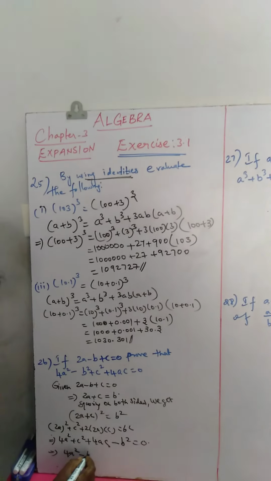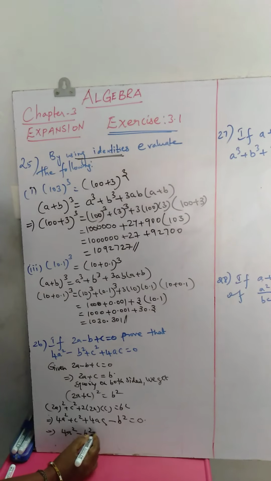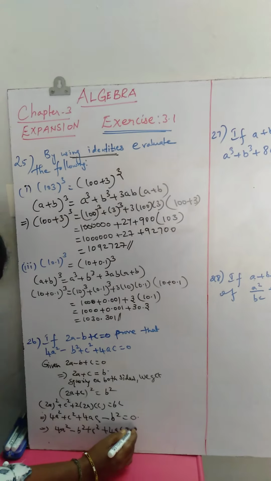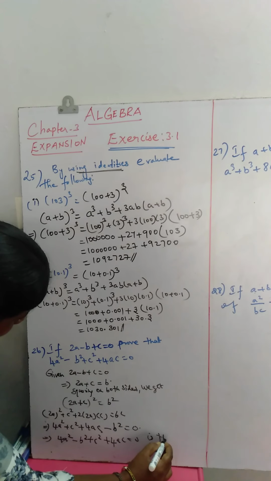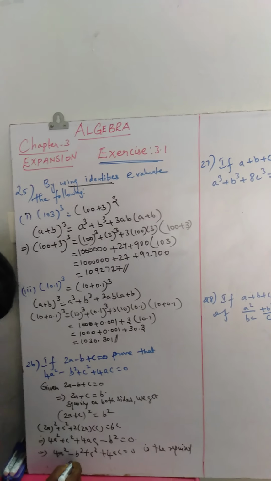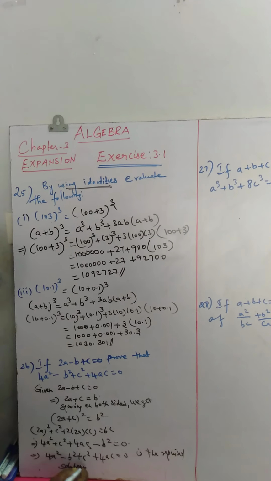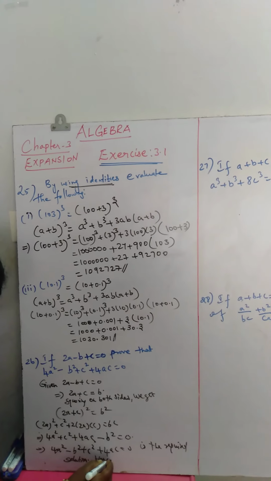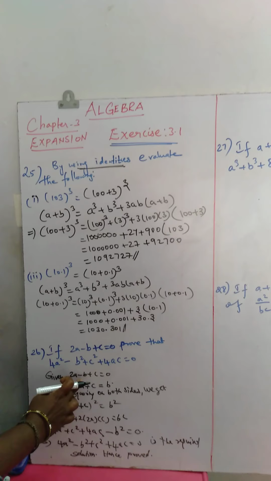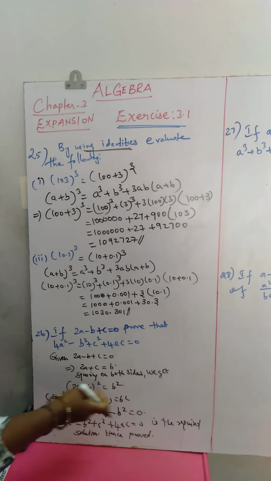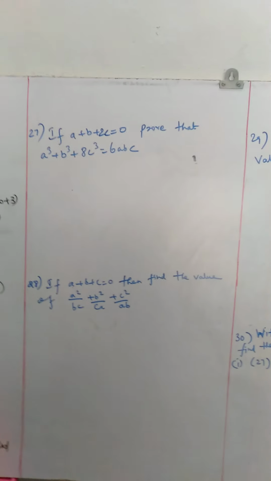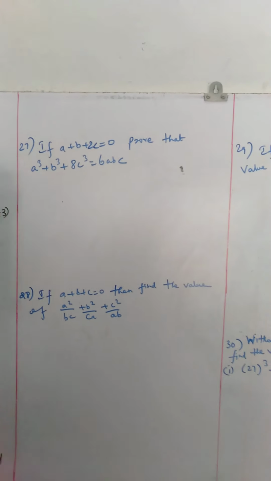So 4a square minus b square plus c square plus 4ac equals 0 is the required solution. We got the solution. The next question is question number 27.